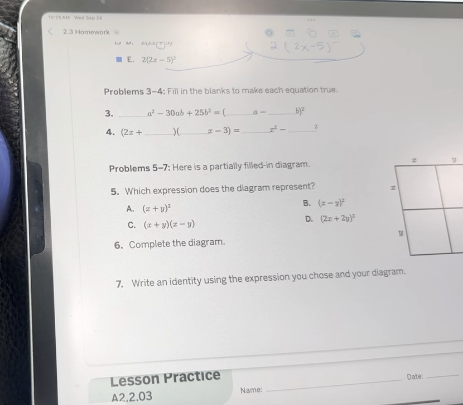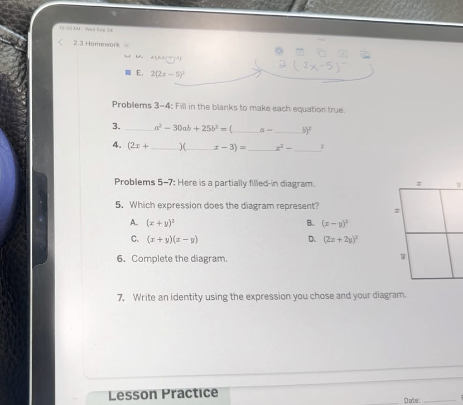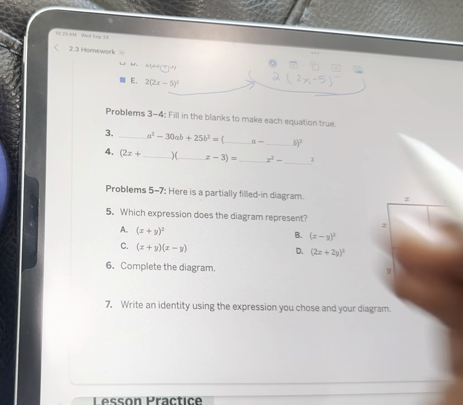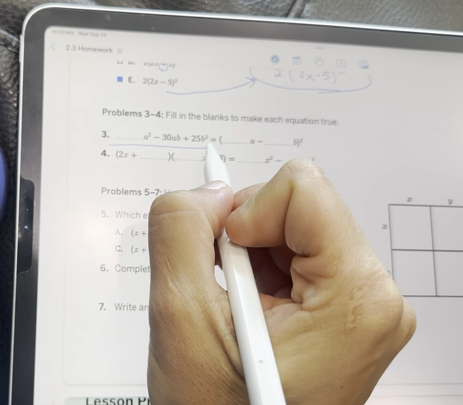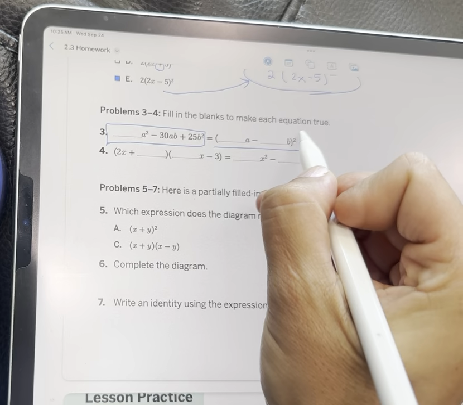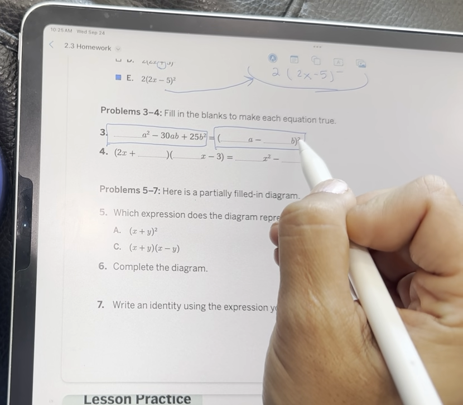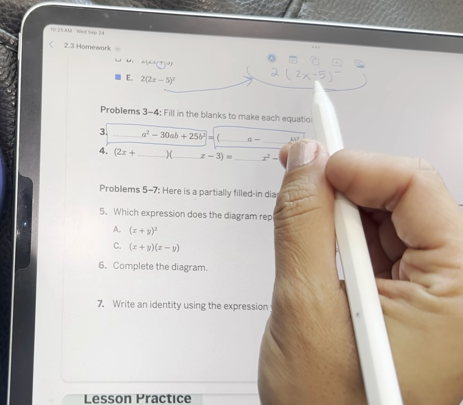Okay, let's fill in the blanks to make each equation true. All right, let's see what we got. Over here we have a trinomial, and they want to know what it should look like factored, okay? This is it factored with the squared, like that.